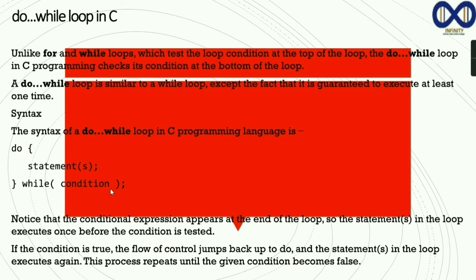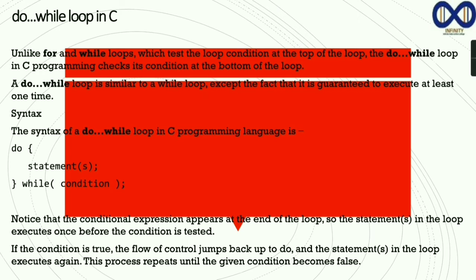Notice that the condition expression appears at the end of the loop, so the statements in the loop execute once before the condition is tested. If the condition is true, the flow of control jumps back up to do and the statements in the loop execute again. The process repeats until the given condition becomes false.